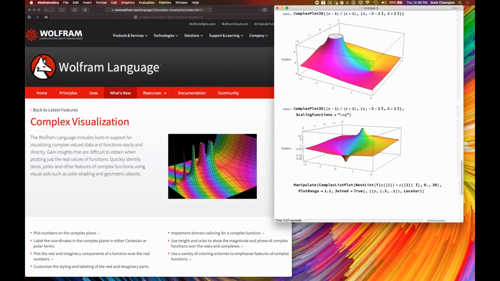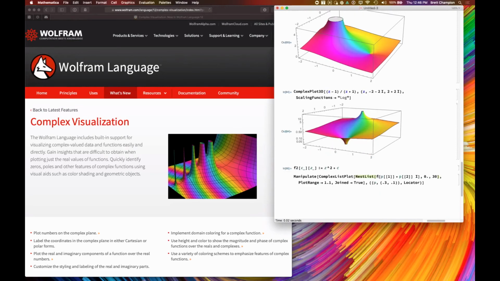This definition for f looks familiar. Okay, fine. Oh yeah, this. We'll get to some examples like this pretty soon.